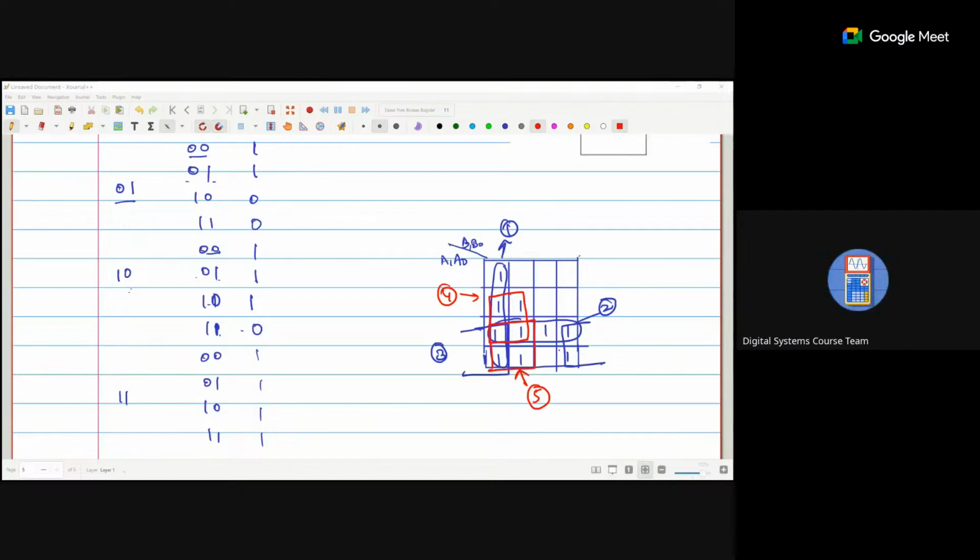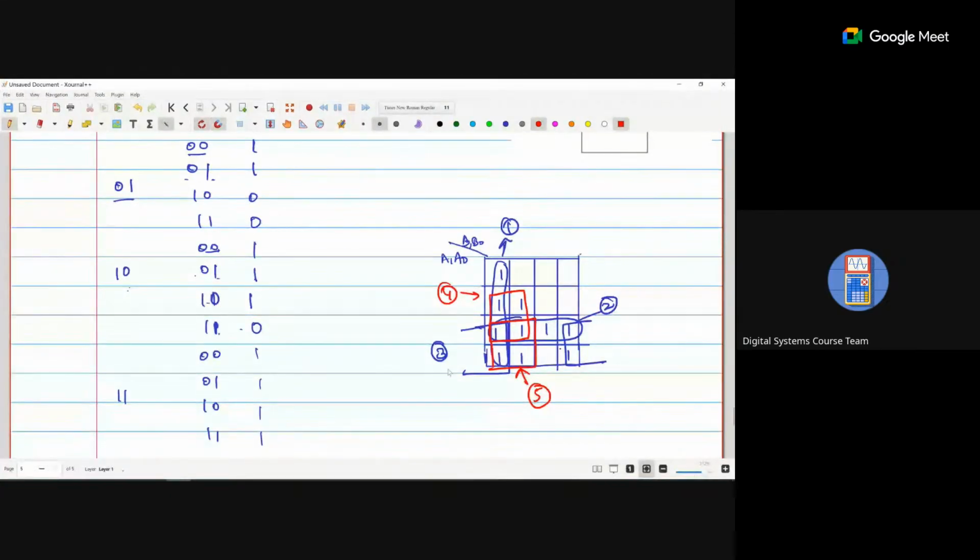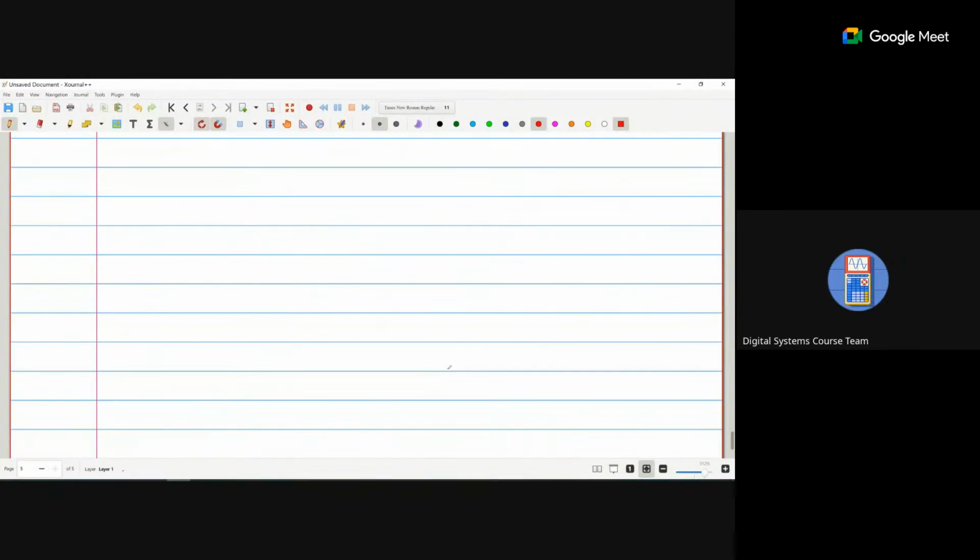Now the question: the minimum 2 input gates required to implement the Boolean expression if no complement inputs are available. Question number 17.